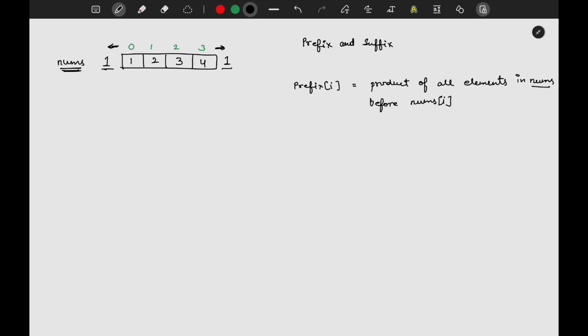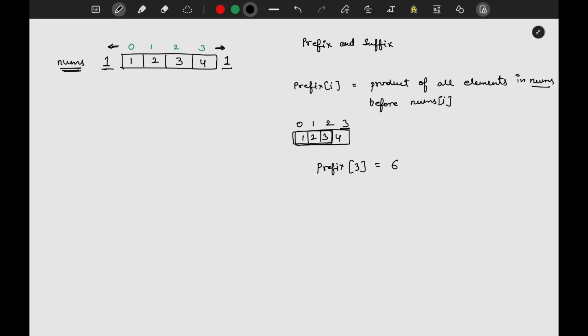That means if this is the nums array and I have 1, 2, 3, 4, then prefix[3] will be equal to what? The product of all the elements before nums[3]. So nums[3] is this, so the product of these elements, 3, 2, 1, right? It is 6.